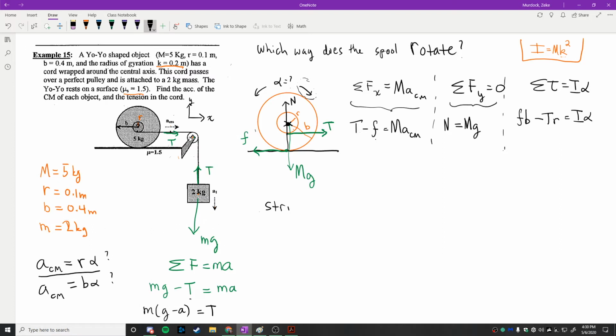Would you guys agree? Or acceleration a, where a1 is basically the acceleration of my block here. I think you guys would agree with that, right?